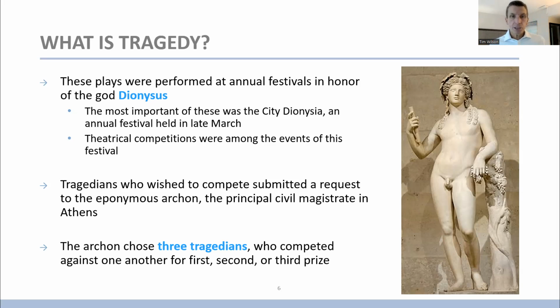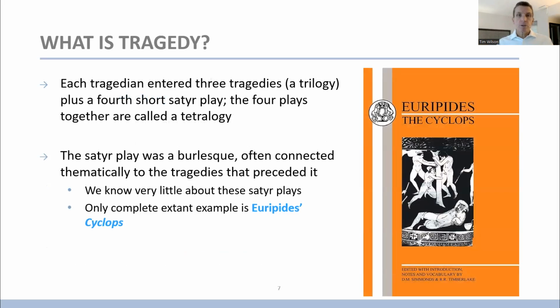So tragedians who wished to compete submitted a request to the Archon, the principal civil magistrate in Athens. And he chose 3 tragedians who competed against one another for first, second, and third prize. Each tragedian would enter 3 tragedies, a trilogy, plus a 4th short play called a satyr play.